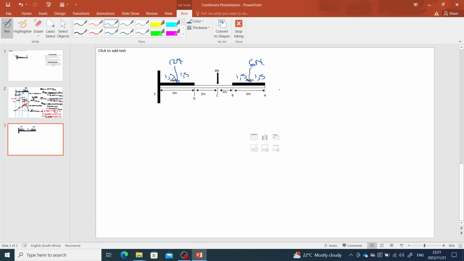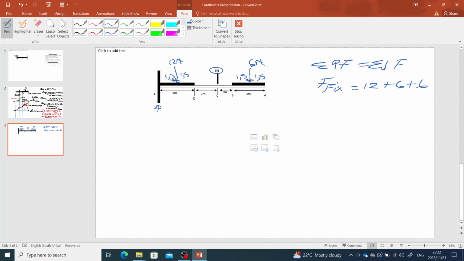Now, we don't have any other reaction support beside the one on the fixed point. In determining the value of that force on the fixed point, the sum of the upward forces equals the sum of the downward forces. The only upward force we have is the F fixed, equal to the downward forces. It is 12 plus 6 plus another 6.